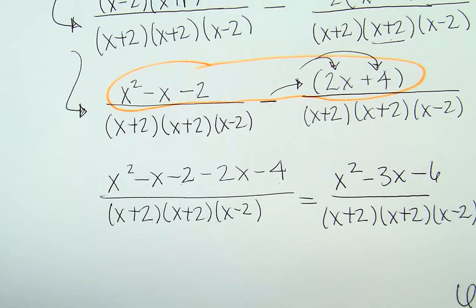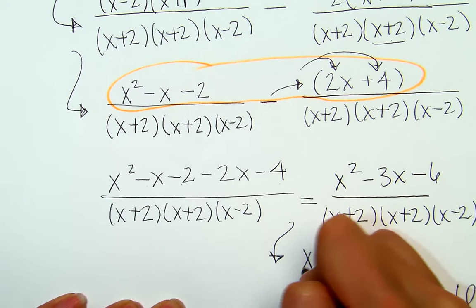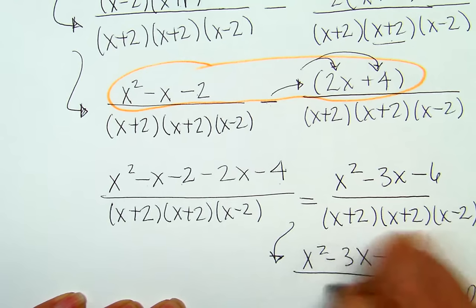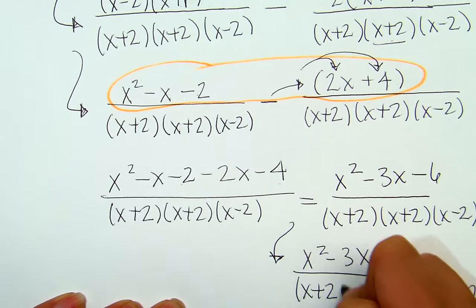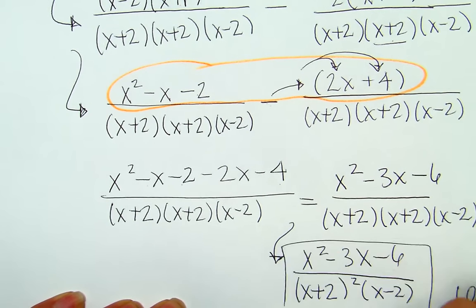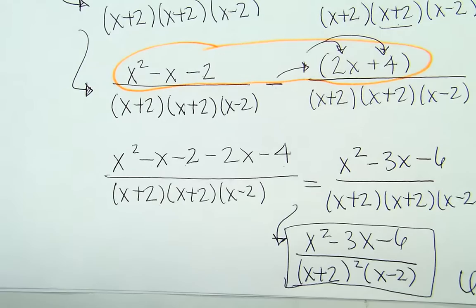And that becomes your final answer. You could also rewrite this and leave it as x squared minus 3x minus 6 over x plus 2 squared times x minus 2. We can leave that for right now, just like that, as your final answer. So that takes care of example 3.